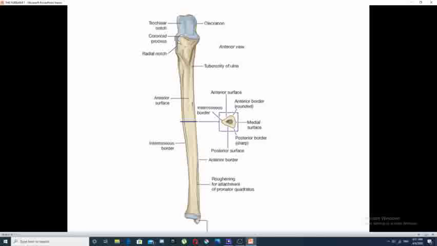This means that the proximal part of the ulna possesses two articular areas. The first one between the trochlear notch and the trochlea of the humerus at the elbow joint. Second one between the radial notch and the head of the radius to form the proximal radio-ulnar joint.